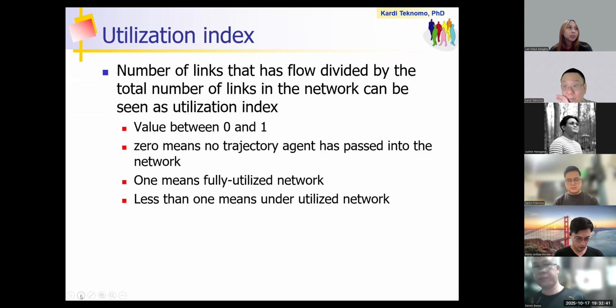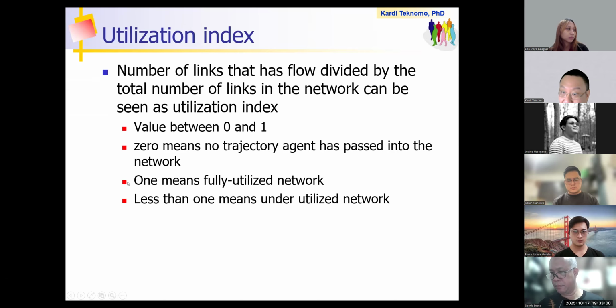From there you can also get the utilization index, which is a value between 0 and 1. 0 means no trajectory or agent passes into the network. 1 means fully utilized. So less than 1 means underutilized, but how much underutilized? You can get the index.